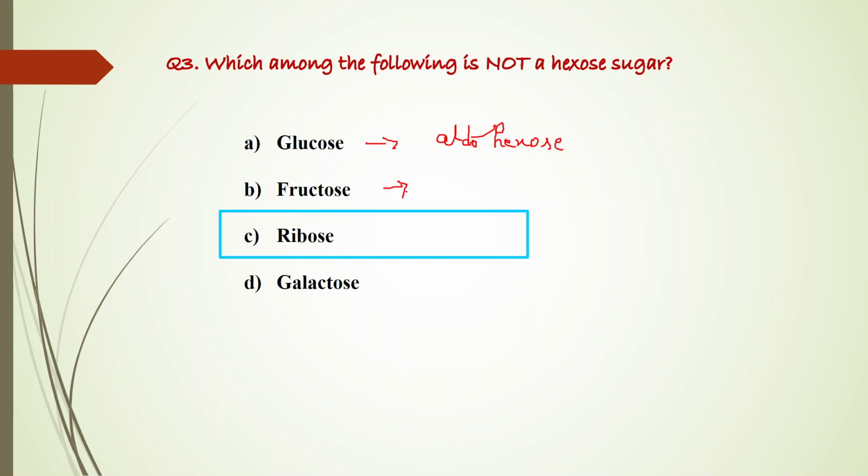Fructose is a ketohexose. Ribose among them is an aldopentose. And galactose is also an aldohexose.